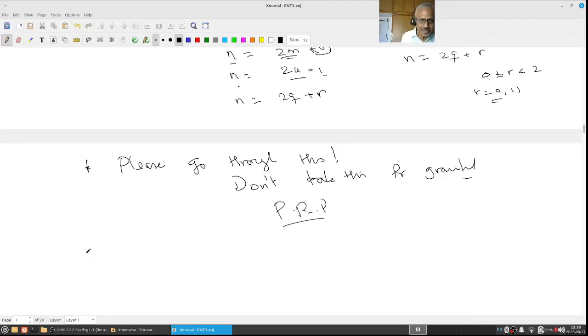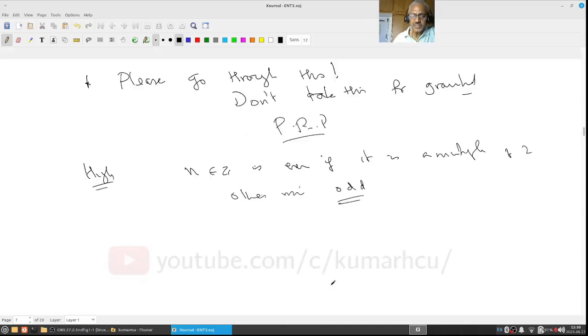For example, in high school, what you said was simple: an integer n is even if it is a multiple of 2, otherwise odd. You see, this is mutually exclusive.